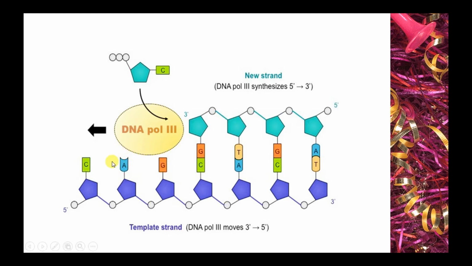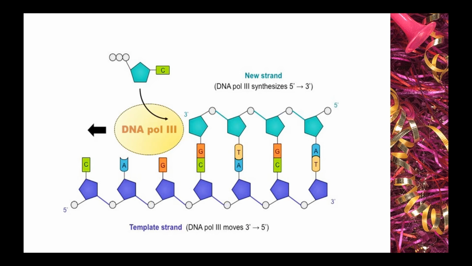I have told you in my previous videos. If you want to know about the chemical structure of DNA, go and check out my previous videos. Here I have told you about the formation of the new strand, and how the new strand will form on the parental or template strand.